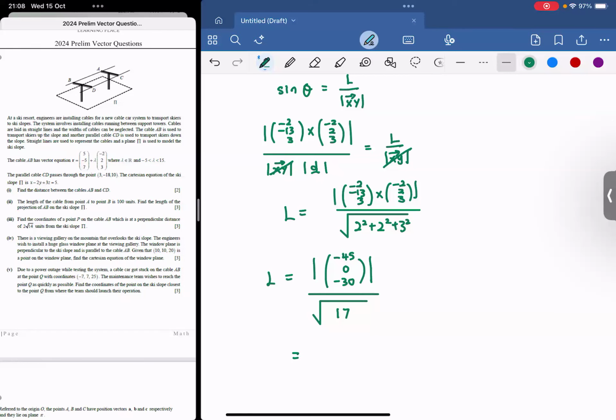What is your square root of 45 squared plus that? Square root 2925 over 7, square root 17.